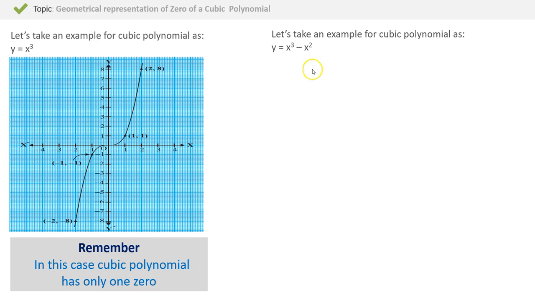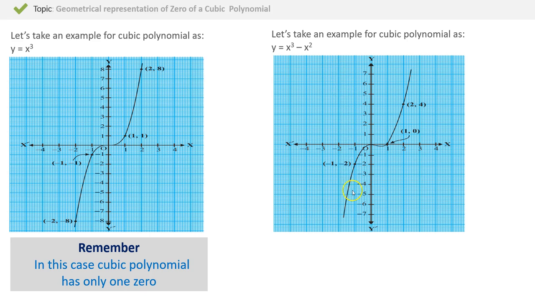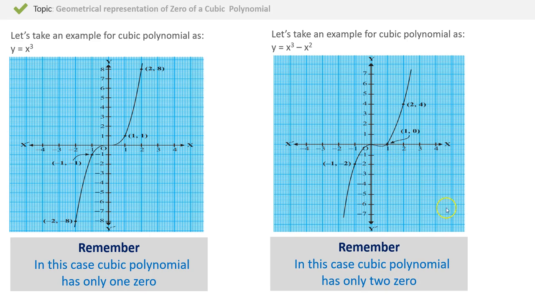If I take another example, y equal to x cubed minus x square, my graph is intersecting at 2 different points, at x equal to 0 and x equal to 1. And hence this cubic polynomial has only 2 zeros in this case.